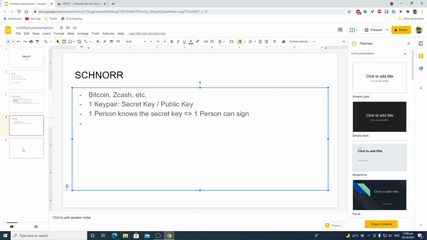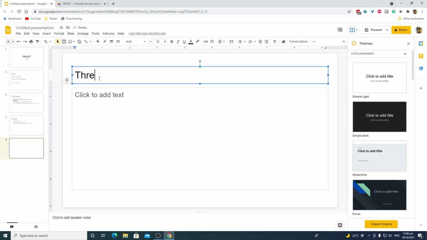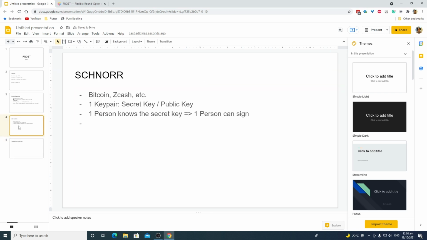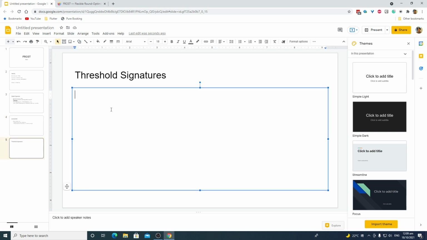So there are scenarios where trusting the entire knowledge to one person is too risky. And we're talking now about threshold signatures. So these are schemes where instead of having one pair, so one person, the main characteristic is that you would have n participants, n persons.